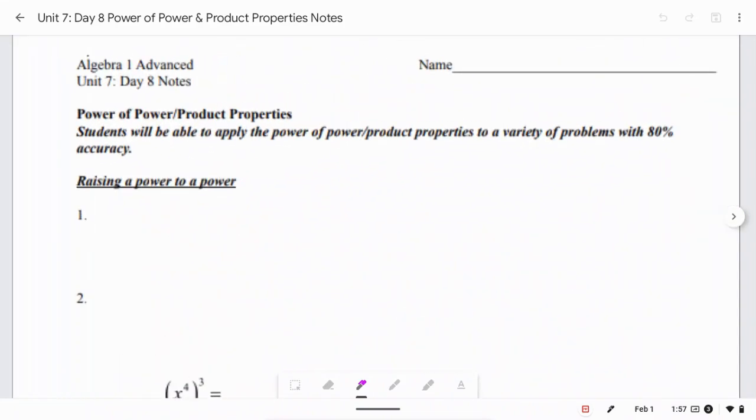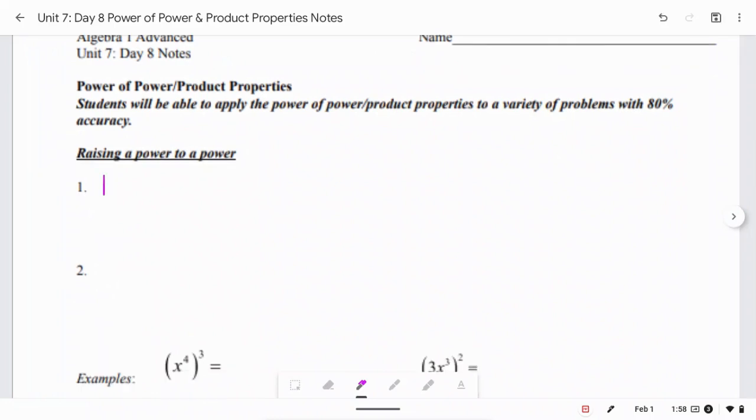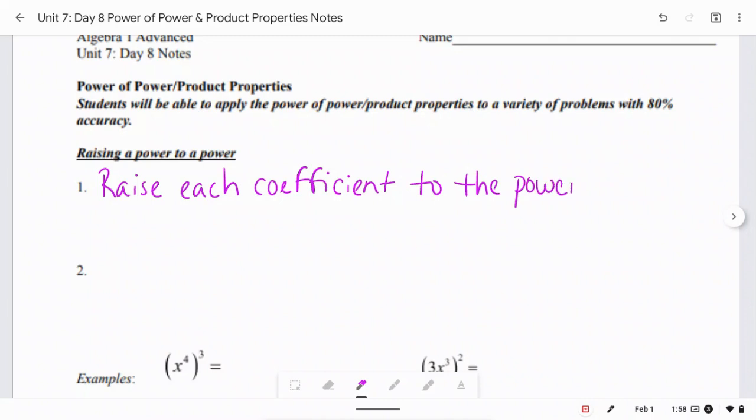Product of power properties. So what to do when we're raising an exponent to another exponent. Anytime we raise a power to a power, the very first thing you need to do is raise each coefficient to the power of the exponent.